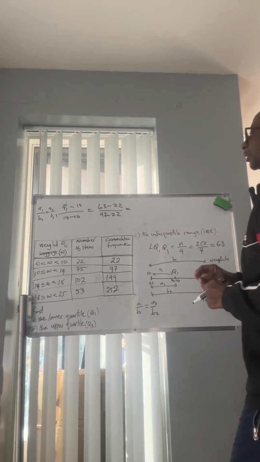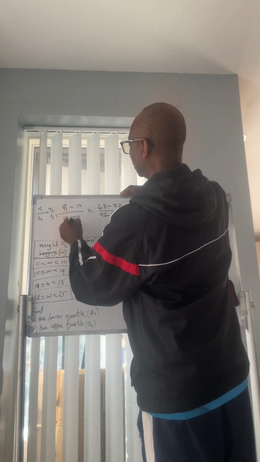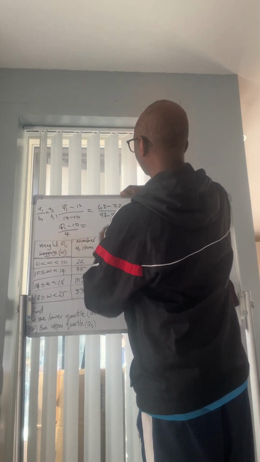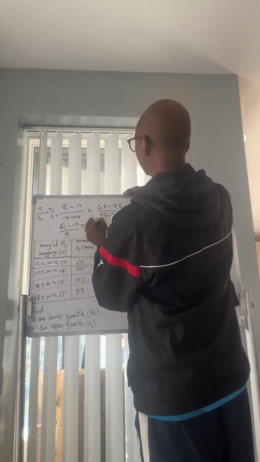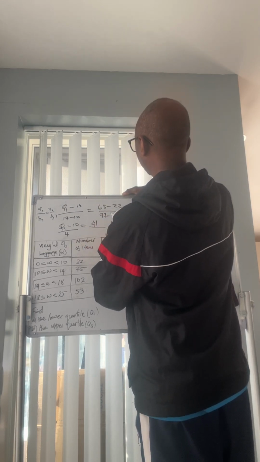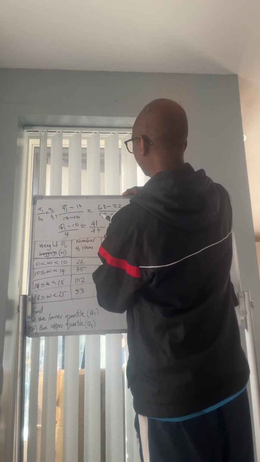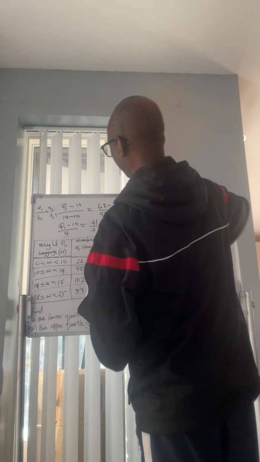So you now have here Q1 minus 10 all over 4 equals 63 minus 22, this is 41, I guess, all over 97 minus 22, which is 75. Yes.